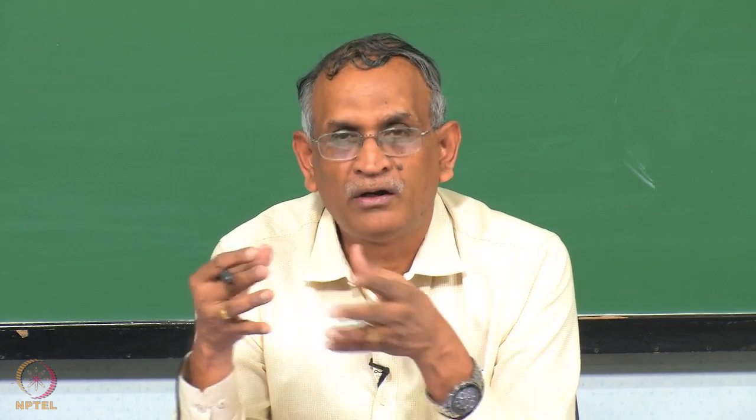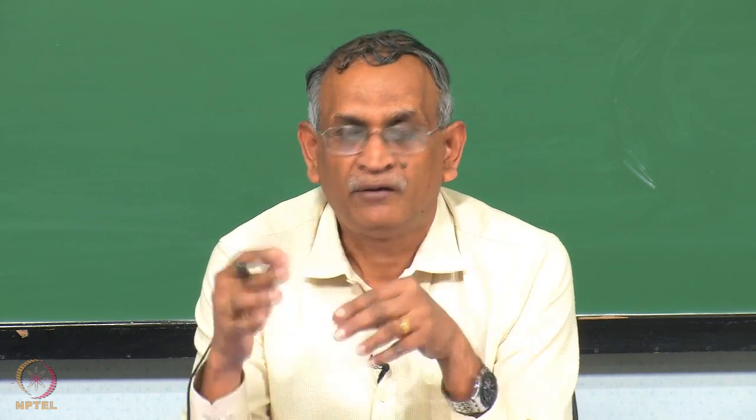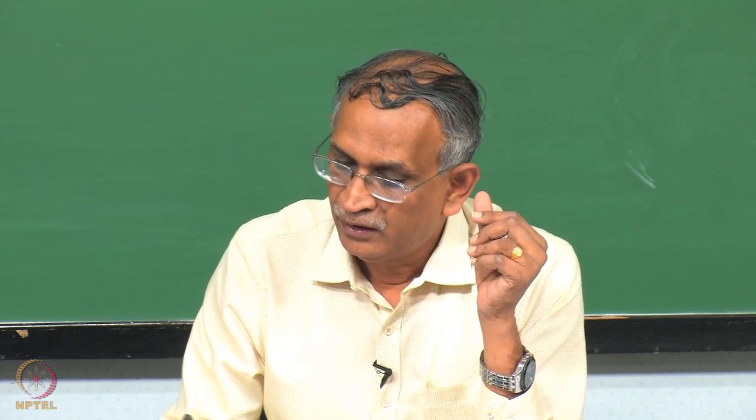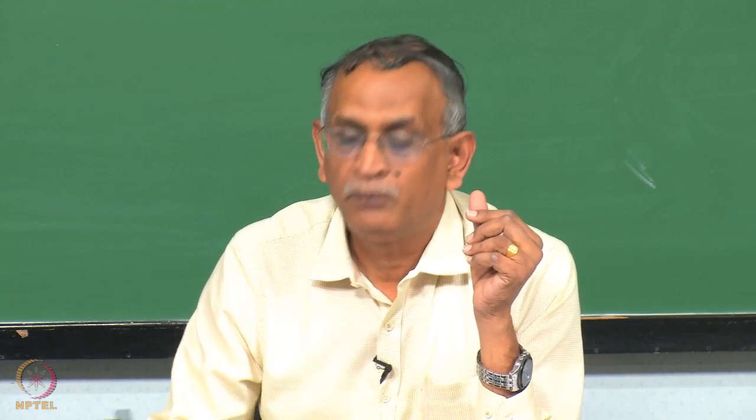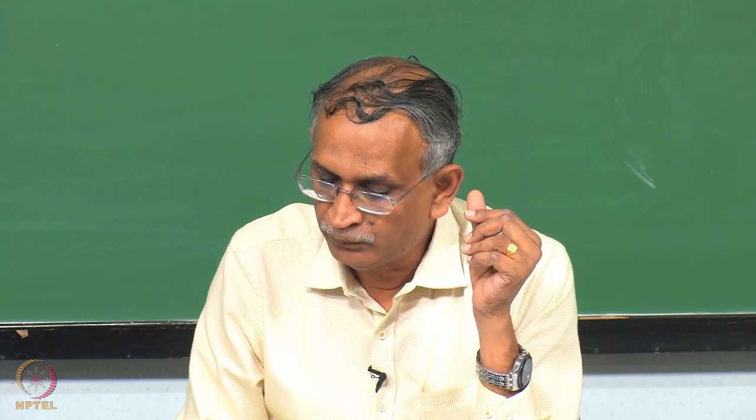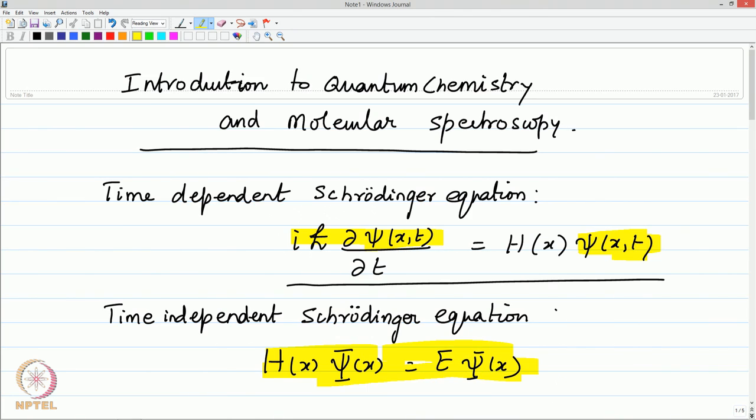Therefore, there also we will not use the time dependent Schrodinger equation. Therefore, this step of changing the time dependent Schrodinger equation to a simple time independent Schrodinger equation for solving problems related to this course is something that you have to keep in mind.